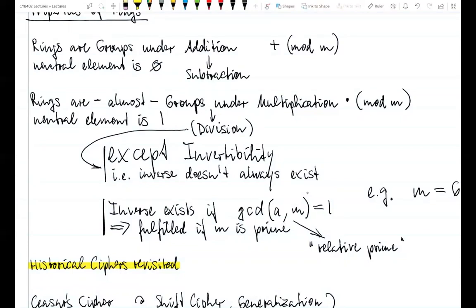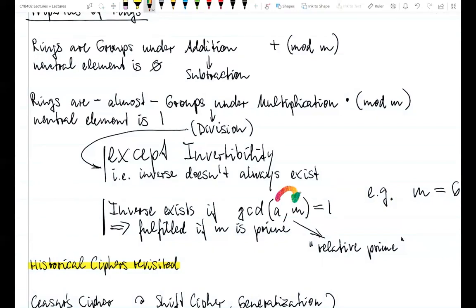So in other words, if the modulus is a prime number itself, then every element in the group has an inverse. So I say it again because it's so important. The condition for an inverse to exist for an element is that the element is relatively prime to the modulus.